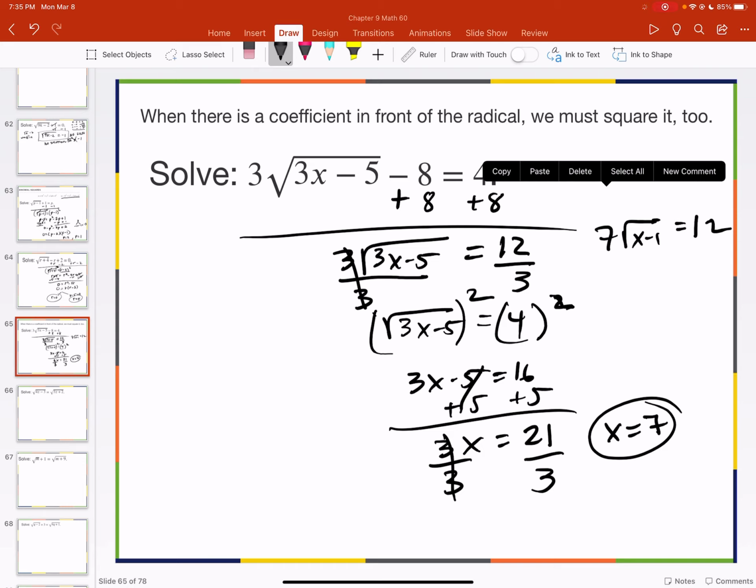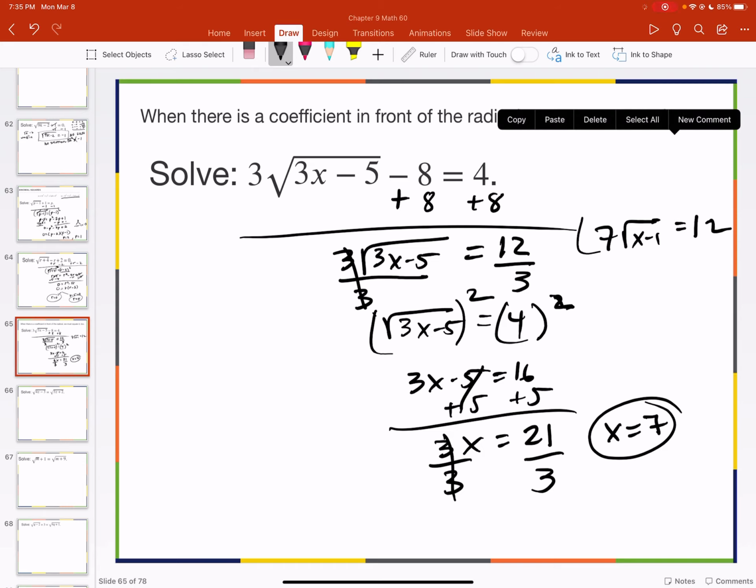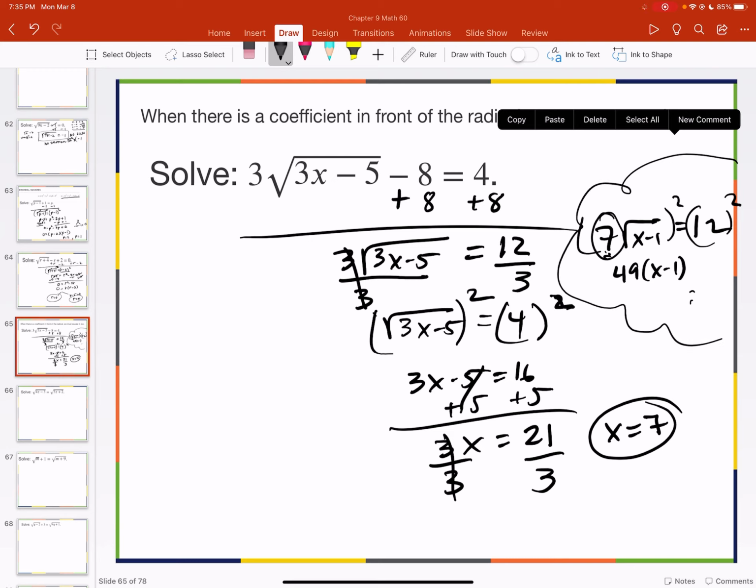I mean, I guess you could, but if you square this side, you would square both sides. You would have to make sure that you square this too, so that would be 49 times x minus 1 for this one. So just so you know, I'm not going to complete it, but you can do it. And, okay, so let's do a few more.